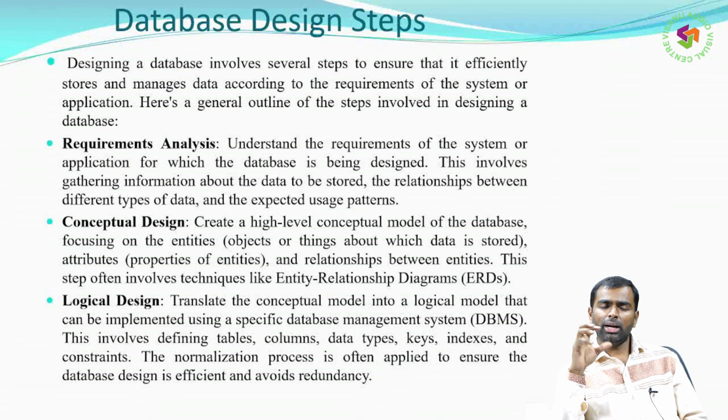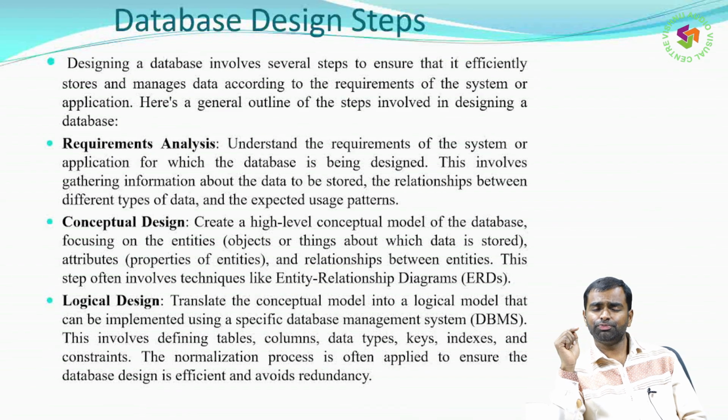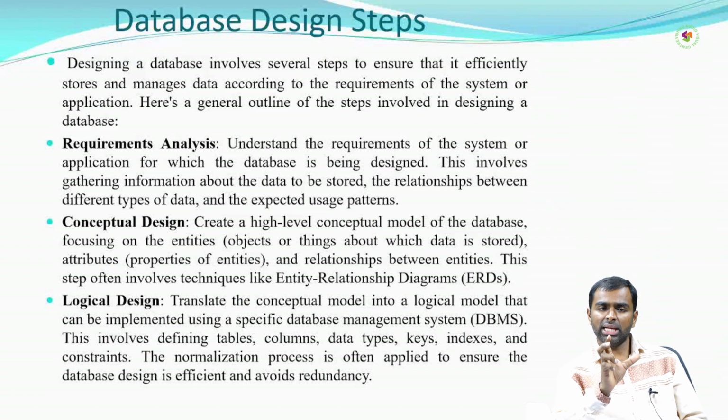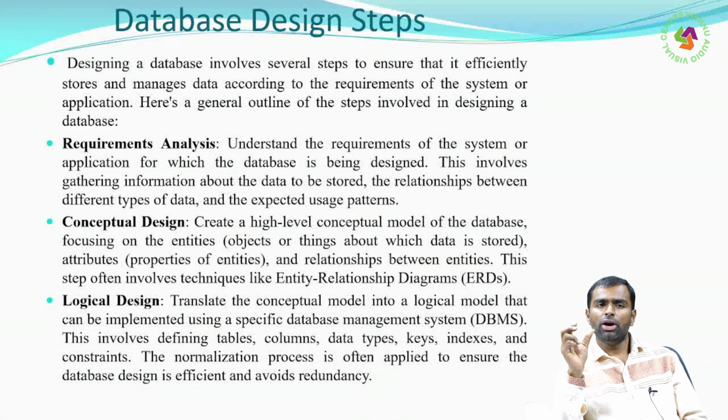Next, student and project. Project is an entity. For project you have attributes like project ID, project name, project budget. Which student is doing which project, that is the relationship. Works on is a relationship between student and project. Student is an entity, project is an entity, works on is a relationship between student and project.